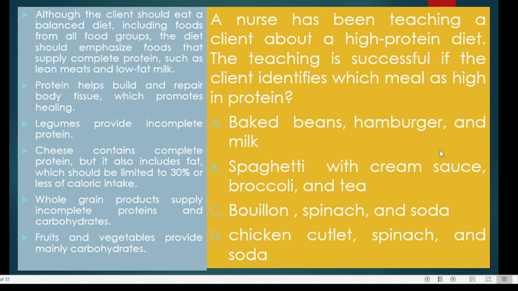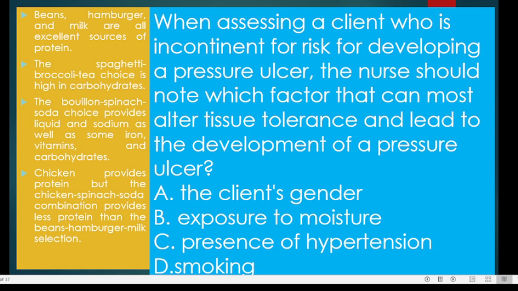The nurse has been teaching a client about a high protein diet. The teaching is successful if the client identifies which one as a high protein. Animal protein, yes, baked beans, hamburger, and milk. Great. Thank you so much.